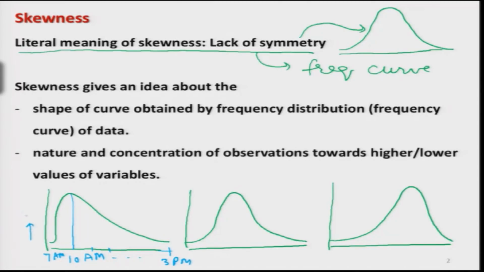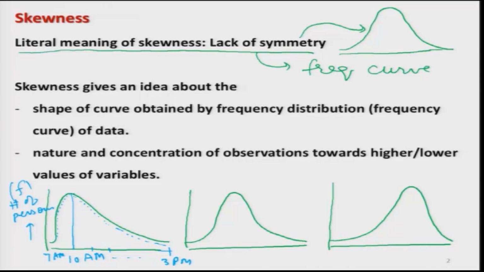And here is the number of persons passing through that point. So I can say that from 7 AM this frequency, or the number of persons, is very small, it starts increasing, and keeps on increasing up to say 10 o'clock. After that everybody has come to the office, and there are fewer people coming, and finally if you come up to 3 PM, this number will decrease.